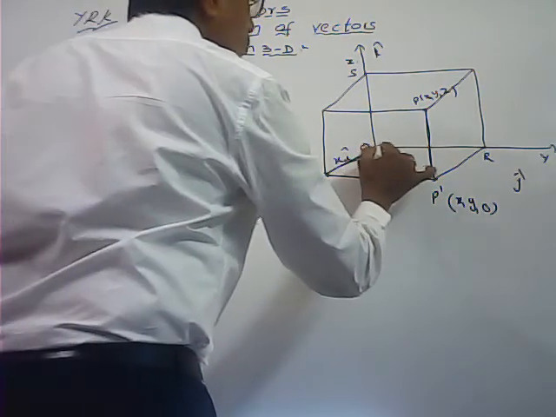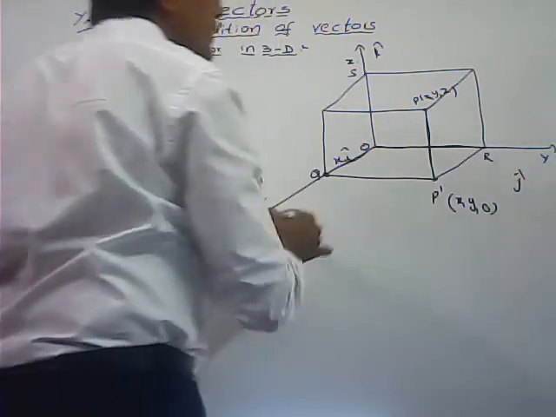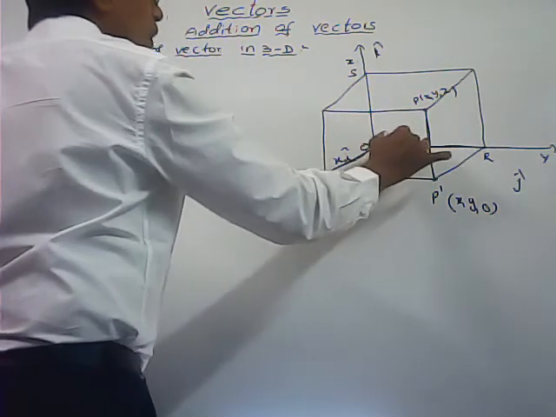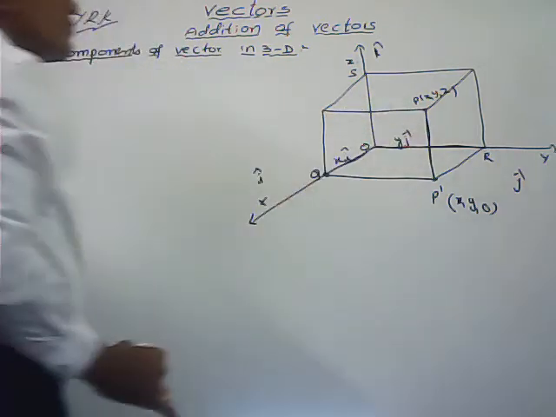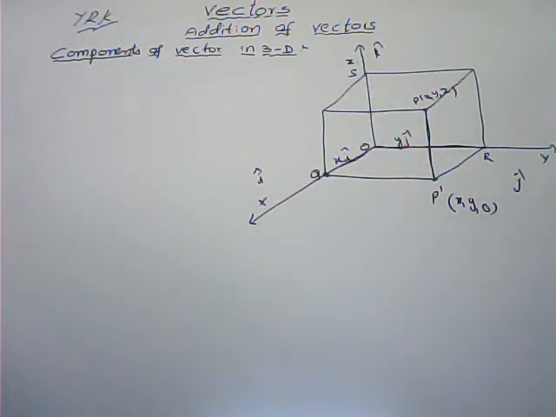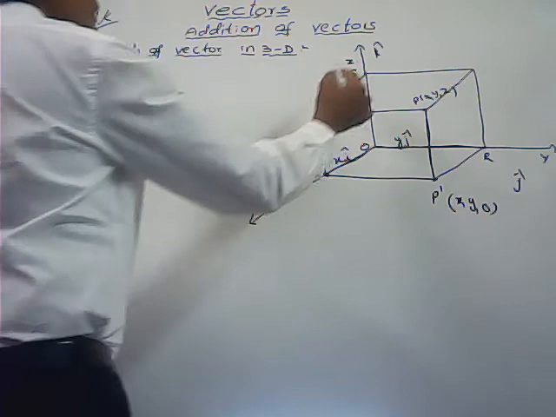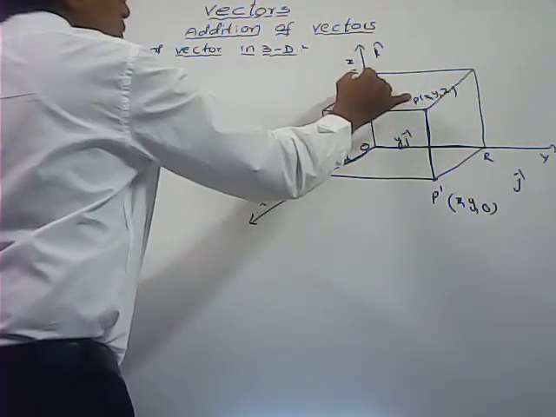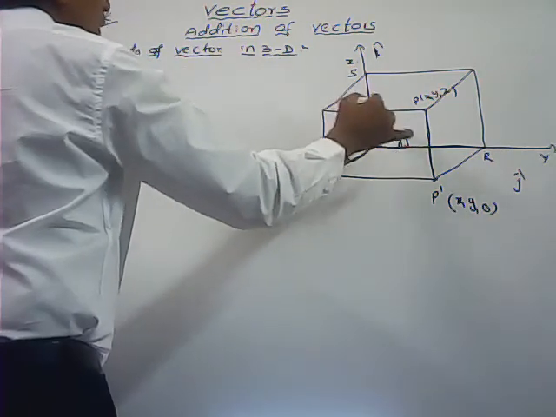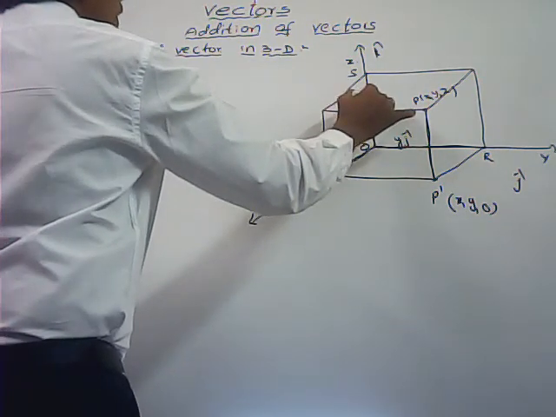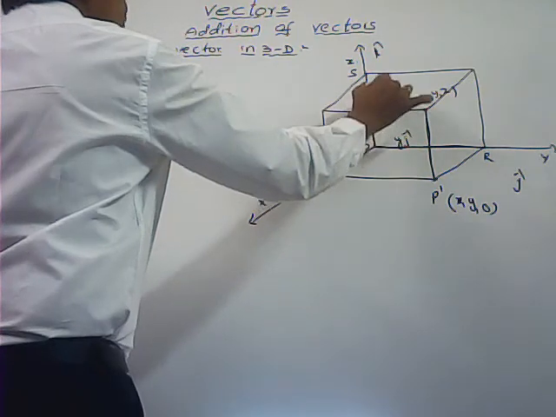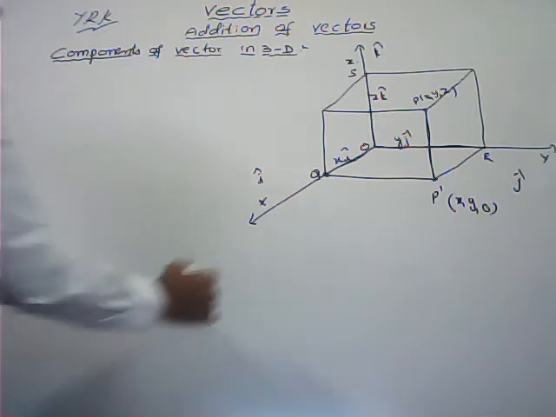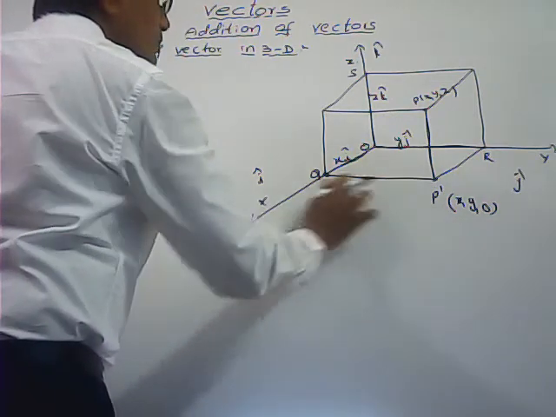So the length of OR is the y coordinate, and OR bar is equal to y j cap. And S is the foot of the perpendicular of P on the z-axis. So OS is equal to z, and OS bar is z into k cap.